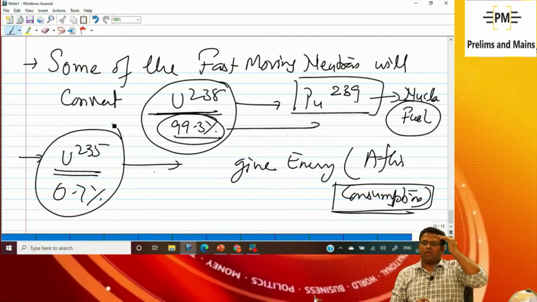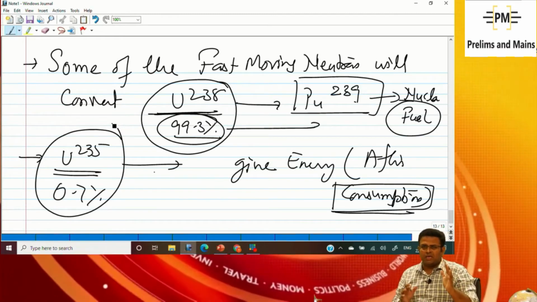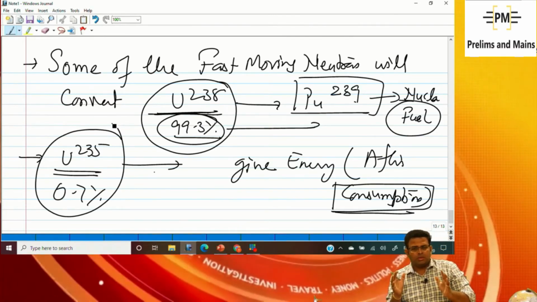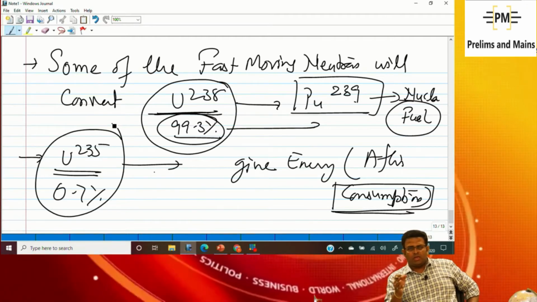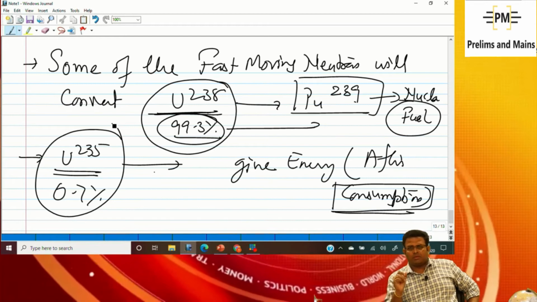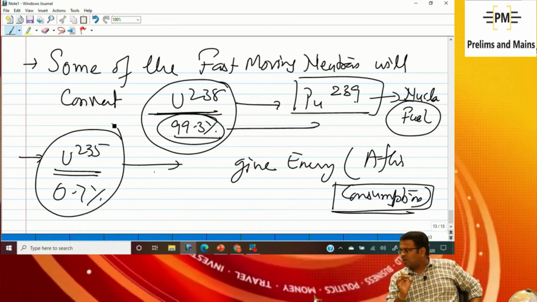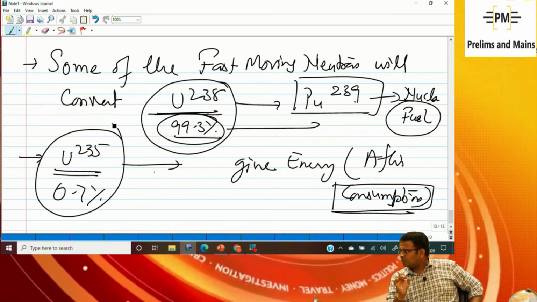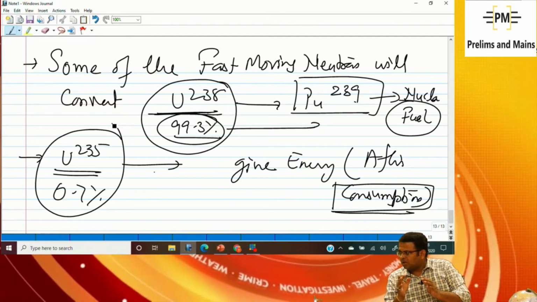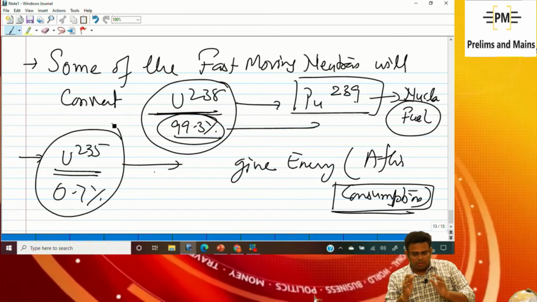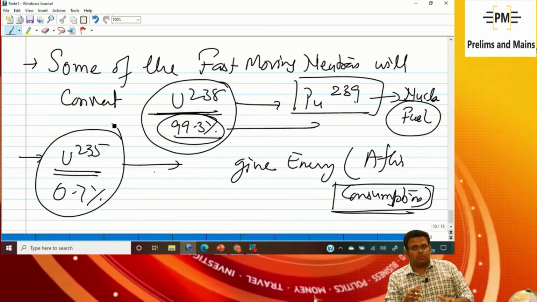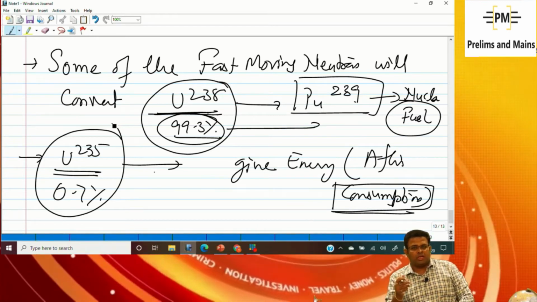In natural uranium, who is higher in amount? Whether it is uranium-235 or uranium-238.